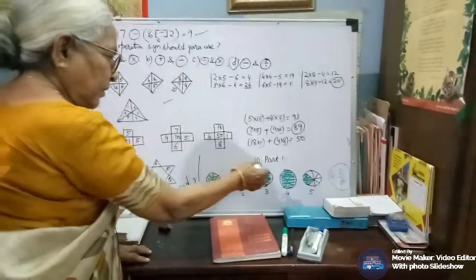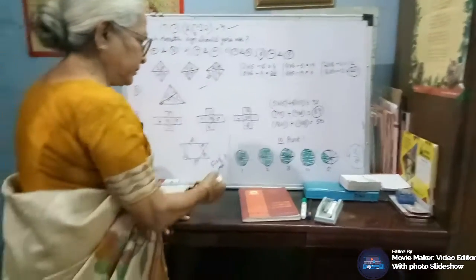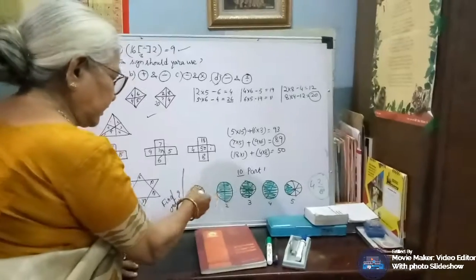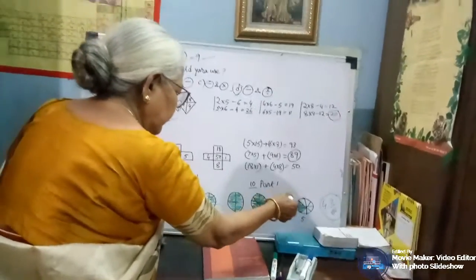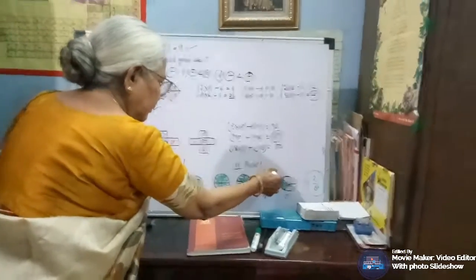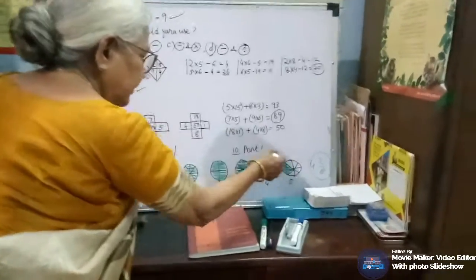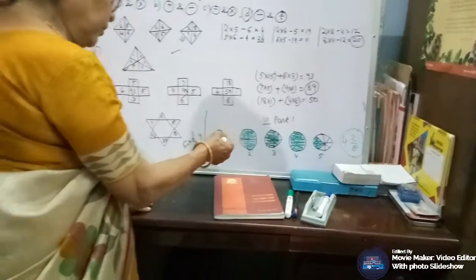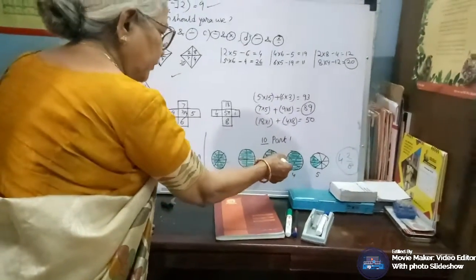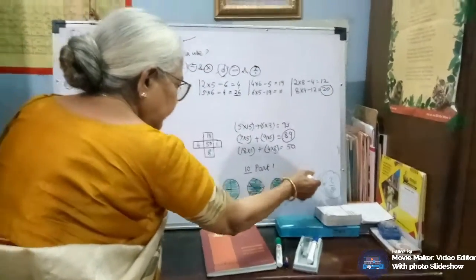There are 5 circles. This is full circle, full circle, full circle, full circle, full circle, and there are 2 only, divided by 8 parts, but 2 parts we have taken. So answer will be 1, 2, 3, 4 full, 2 upon 8.